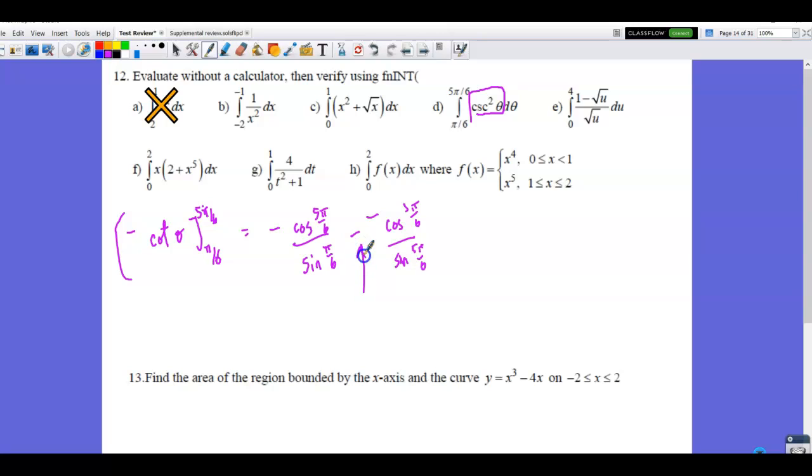So the minus is the FTC part 1, the cotangent's negative, and then we do zip zap. So good news, we get 0. We don't have to do the trig work after all. You are very, very lucky.